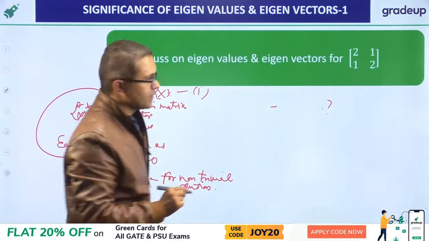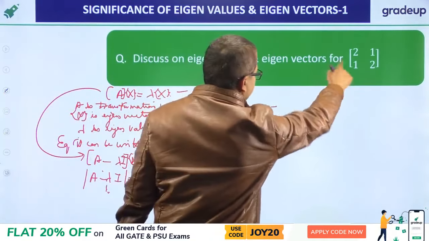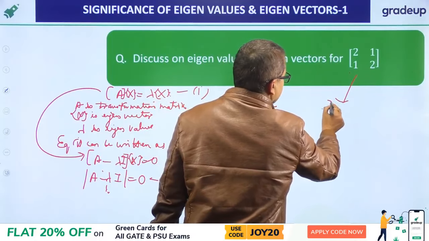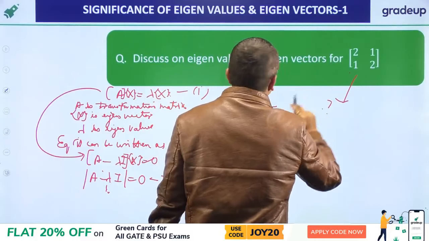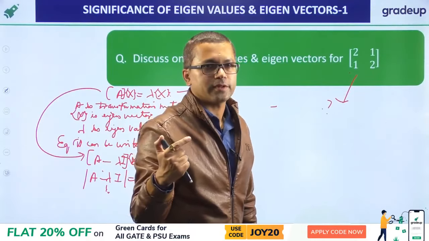Okay, fine. Now, let's look at this matrix over here. Let's say this shows you the state of stresses in a plane, all right?